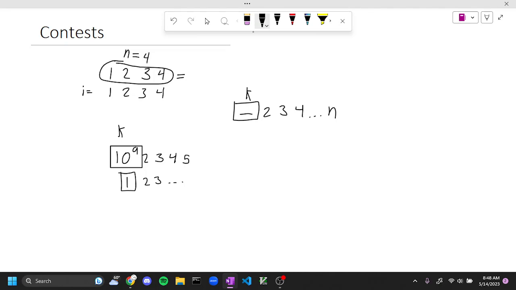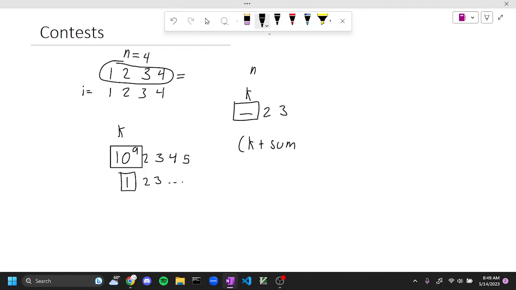We could break it down to what k equals. So we know that k plus the sum of the rest of the numbers must be divisible by n. Let's break the problem down to a small test case.